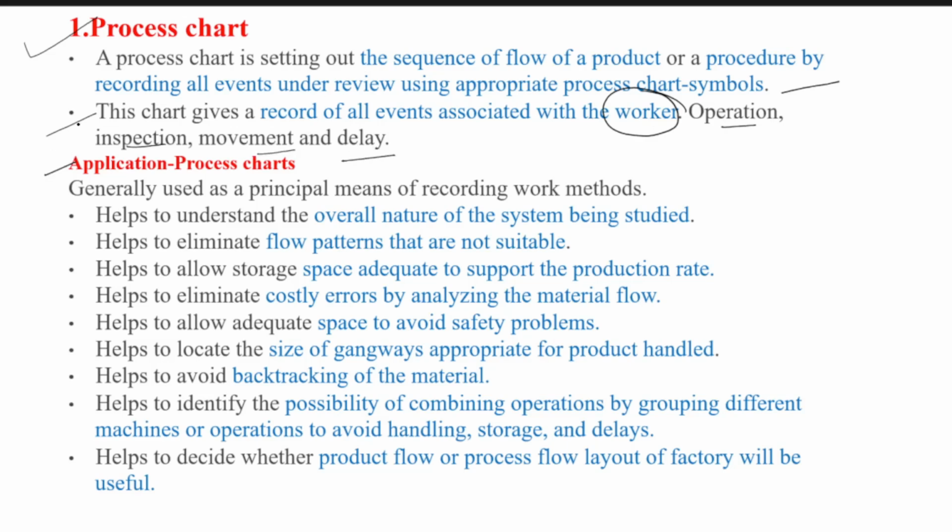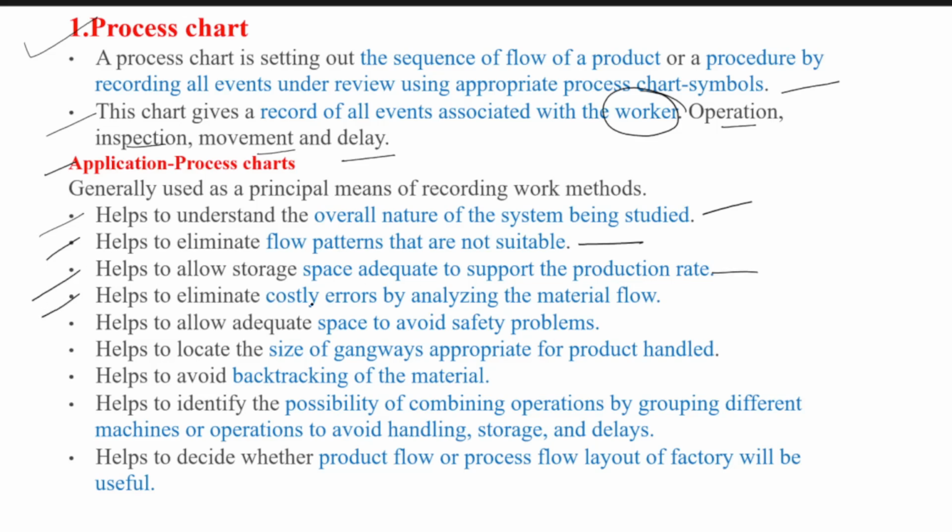What are the applications of process chart? It helps to understand the overall nature of the system which is being studied. All these things we are doing to study the system and record information related to it. It eliminates the flow patterns that are not suitable. It helps to allow storage space adequate to support the production rate.